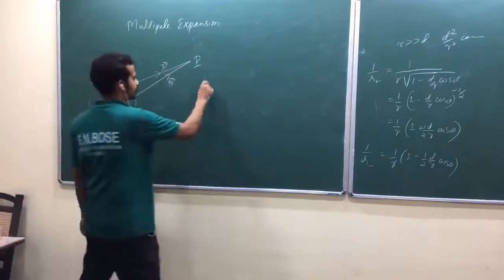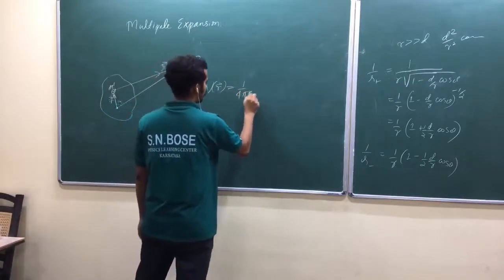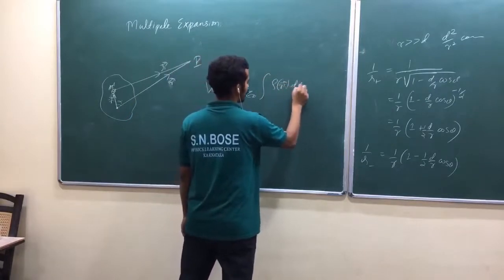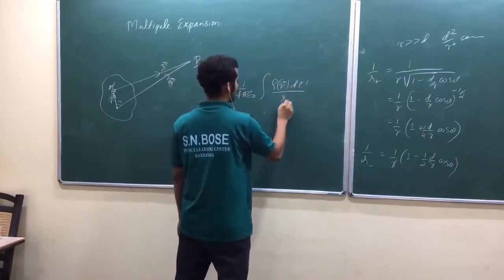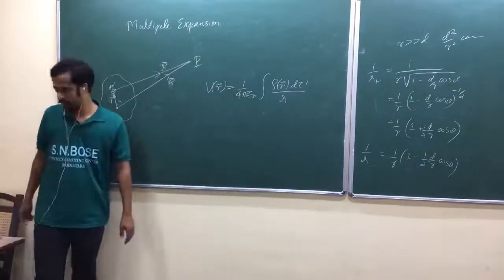So now my potential at r is equal to 1 by 4 pi epsilon naught integral rho of r prime d tau prime divided by italic r, isn't it?